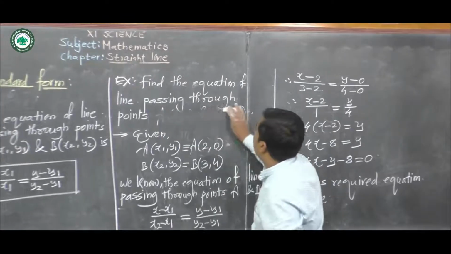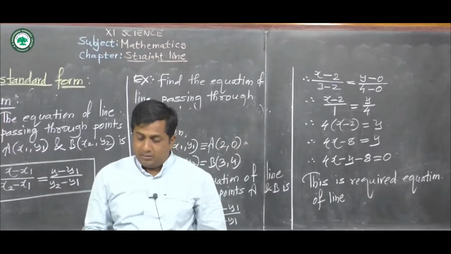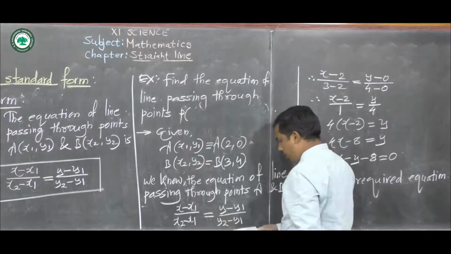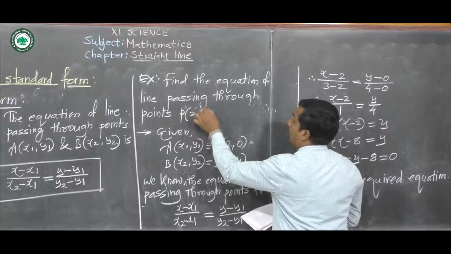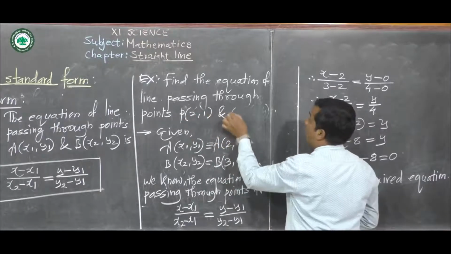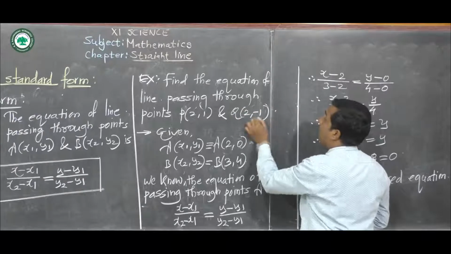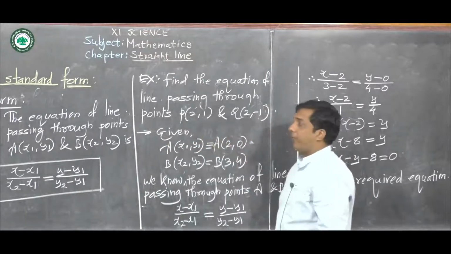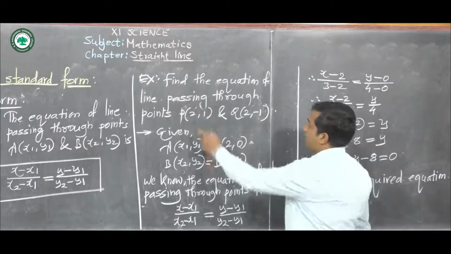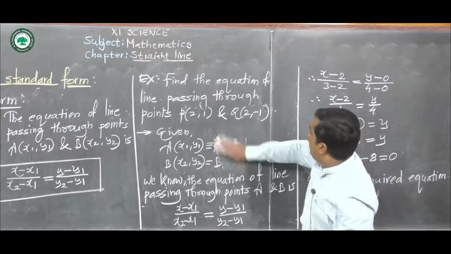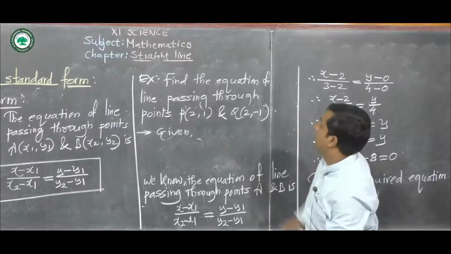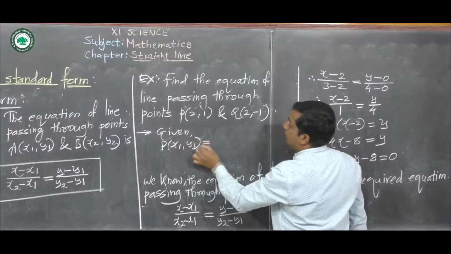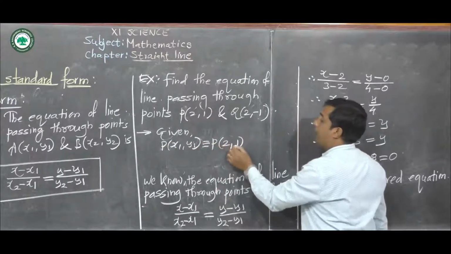Here in the second, again we have to find the equation of a line passing through the points. Here points are given. First is P of 2, 1 and second is Q of 2, minus 1. Okay, so again using given things we have to find equation of line. Here points P and Q are given, so we consider given things first. Here given P of x1, y1 is equivalent to P of 2, 1.